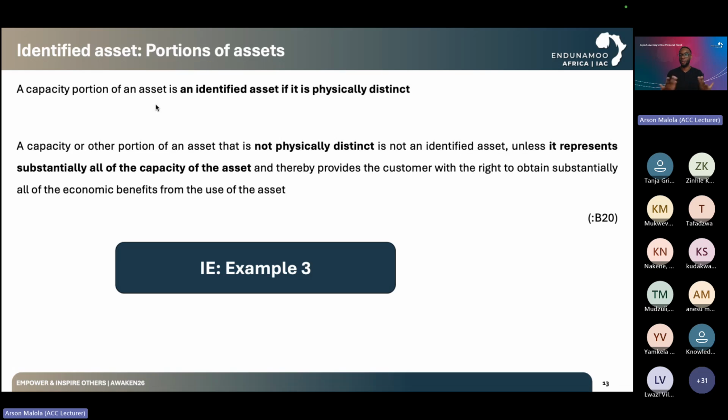Therefore, do we need to assess the whole mall as to whether or not that whole mall meets the definition of a lease? Long story short, in that scenario, we would assess just that floor space that's been taken up by that particular cart, and then contrast that to a fiber optic cable, right?